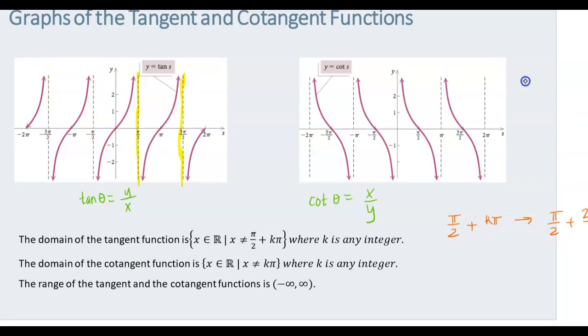We do sometimes think about the 5 key points when we graph these as well, with a couple of things to remember. Tangent is an increasing graph, whereas cotangent is a decreasing graph.